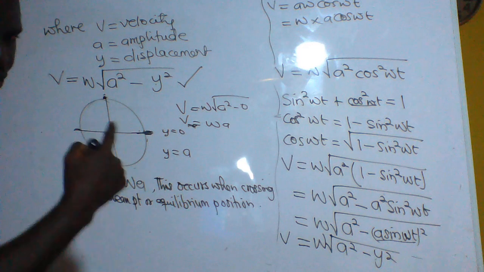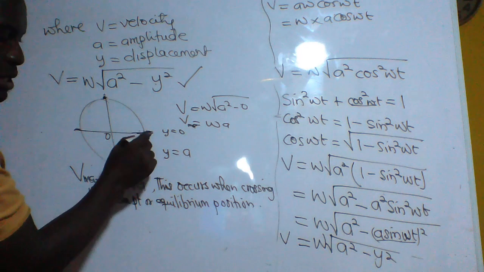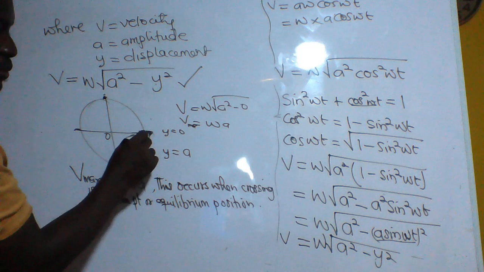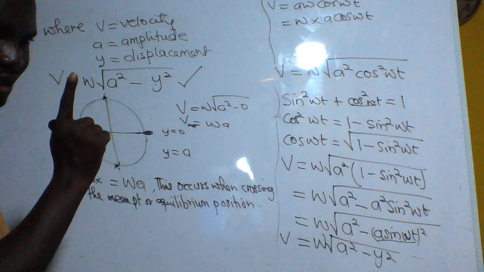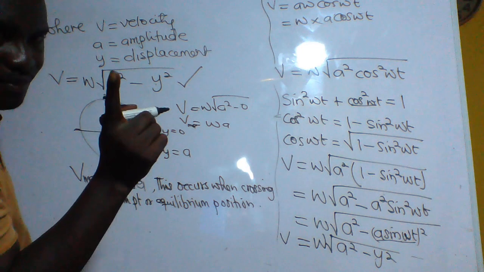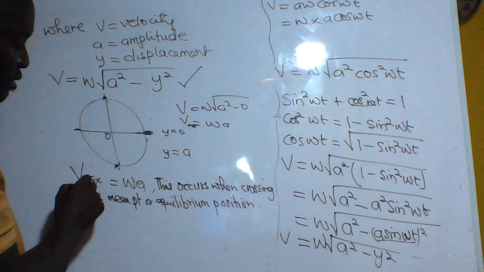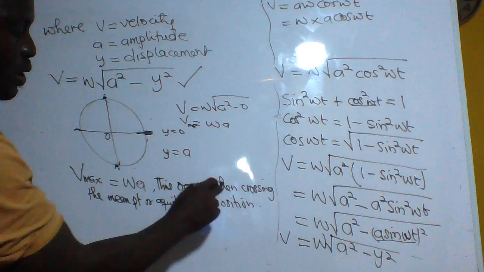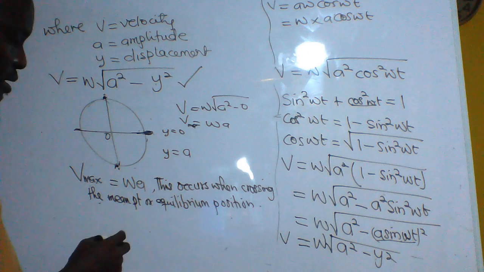If when crossing, then the velocity will be maximum when the particle is crossing the mean point. But you can't just say at the mean point. When the particle is at the mean point, it is not moving. But when crossing, it is moving. So the maximum velocity occurs when crossing the mean point or the equilibrium position.